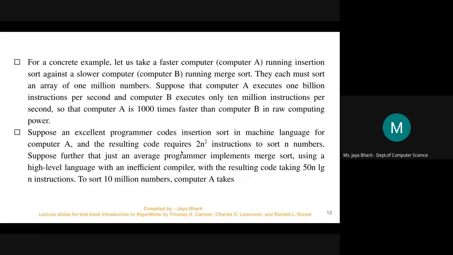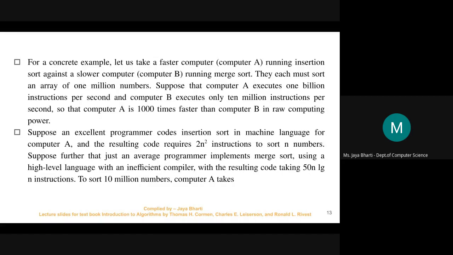Suppose an excellent programmer codes insertion sort in machine language for computer A, and the resulting code requires 2n square instructions to sort n numbers. Here c1 is equal to 2, because we have c1 n square, and now it requires only 2n square. Suppose further that an average programmer implements merge sort using a high-level language with an inefficient compiler.